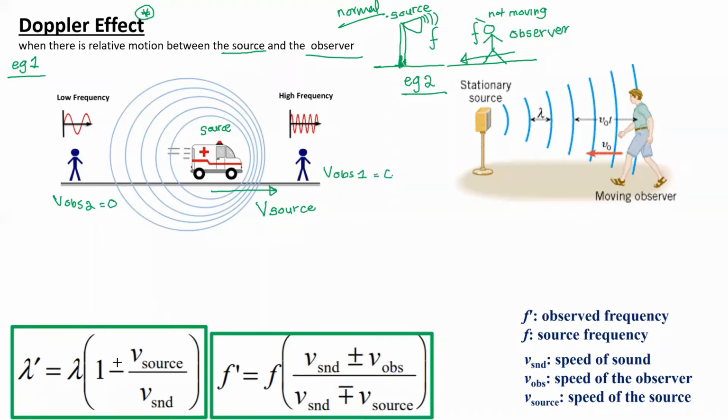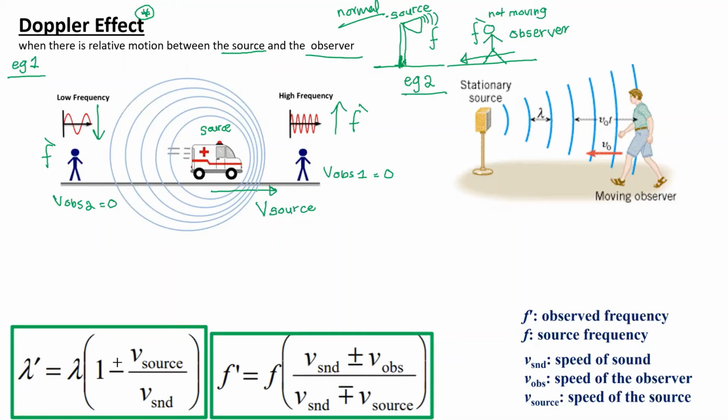they are not moving. So if the source is coming closer towards an observer, the frequency the observer is going to hear increases. Okay. And if the source is going to go away from the person, away from the observer, the frequency that he is going to hear is going to decrease.